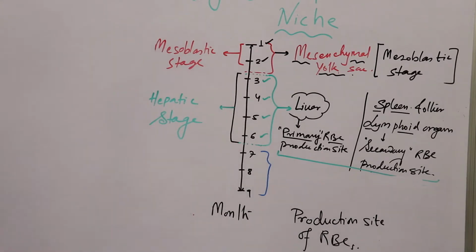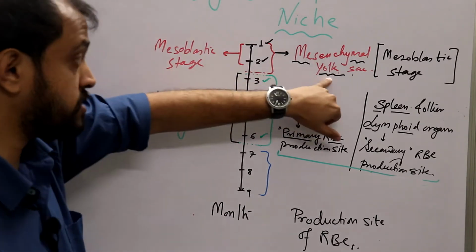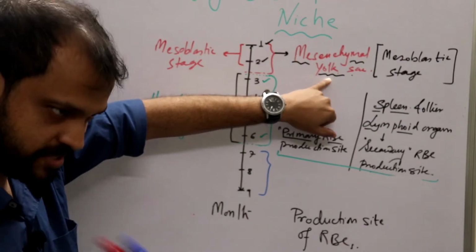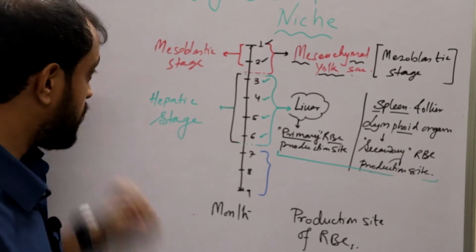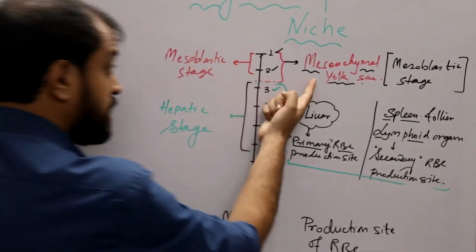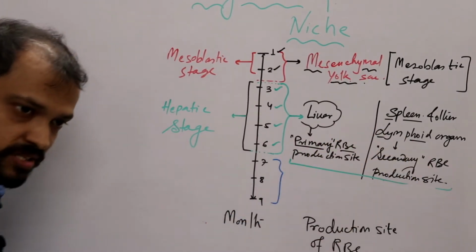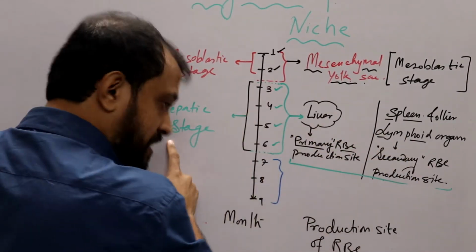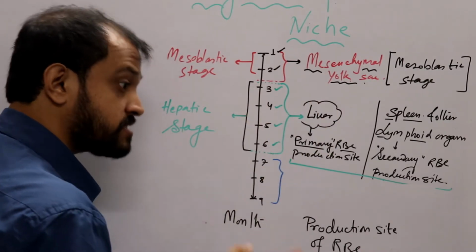Okay, now in the mesoblastic stage, the mesenchymal yolk sac takes up the responsibility of producing RBCs. In the mesoblastic stage there is no primary or secondary RBC production site, but in the hepatic stage the primary RBC production site is the liver.